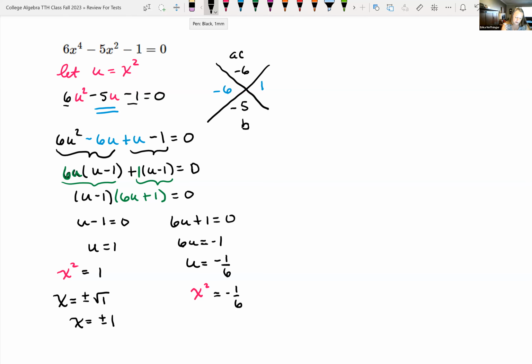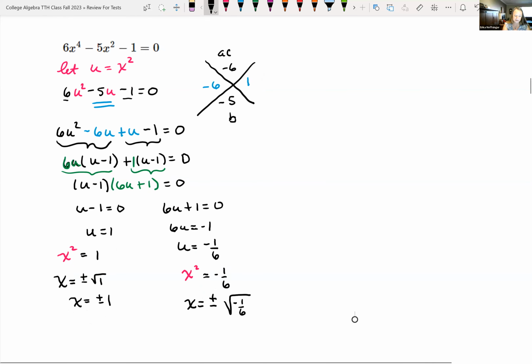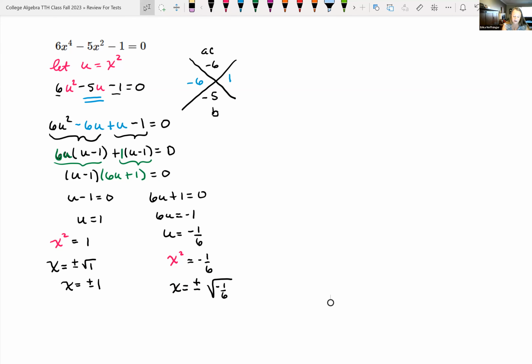Taking the square root of both sides over here, I get x is equal to plus or minus the square root of -1/6. So that's not a real solution, but if I was asked to find all solutions, even complex solutions, this would be x is plus or minus i square root of 1/6.